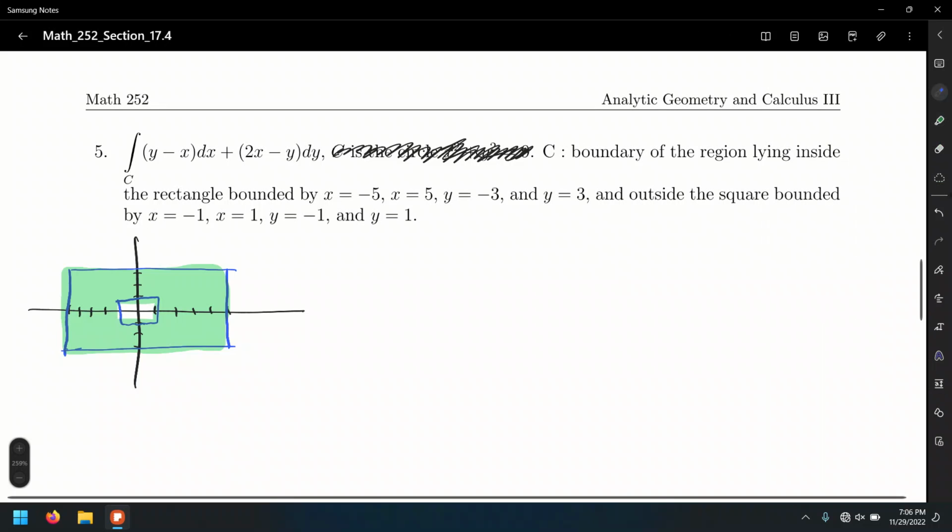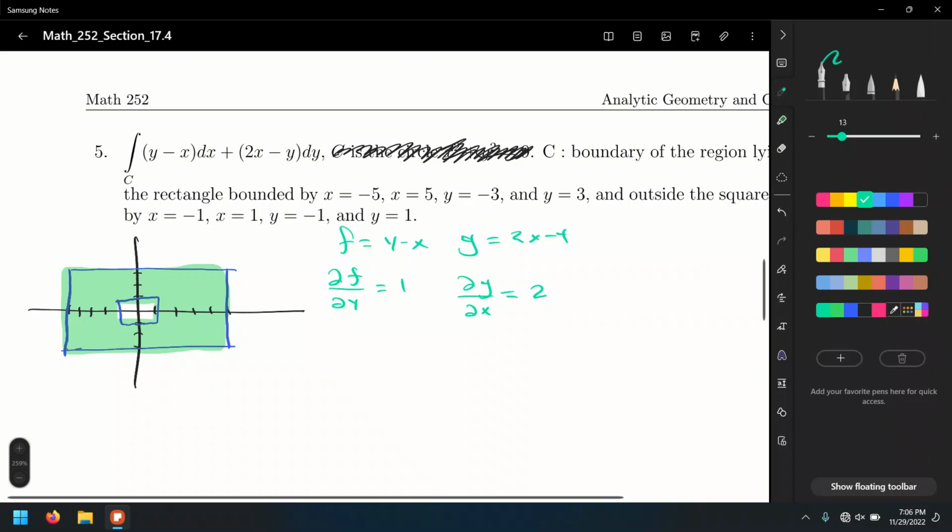So number one, again, let's identify f and g. So in this case, f equals y minus x and g equals 2x minus y. The partial of f with respect to y, that's 1, and the partial of g with respect to x equals 2. All right?